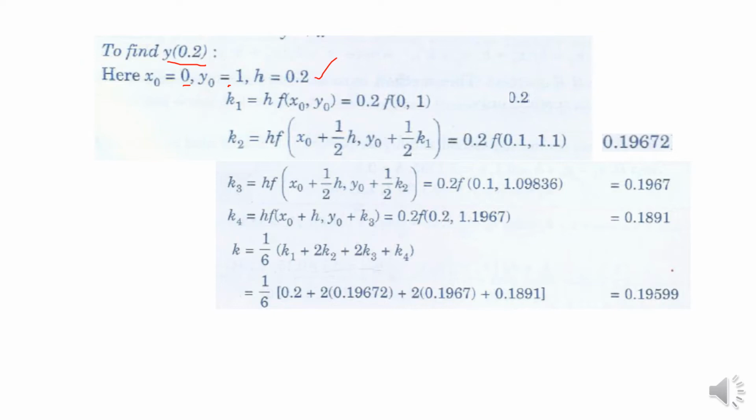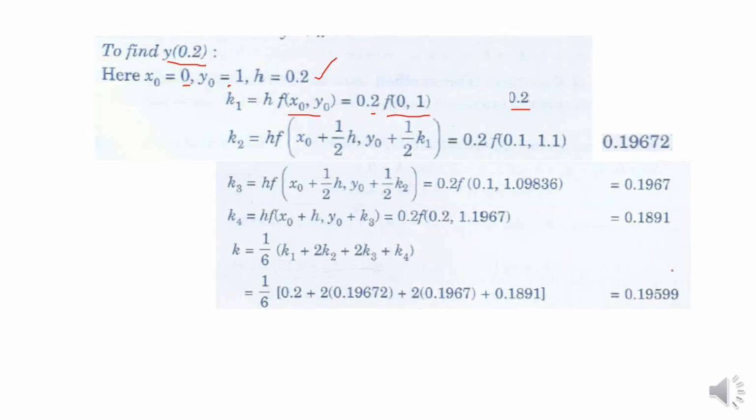x0 is 0 and y0 is 1. We will put this in the equation, because dy upon dx is equal to f(x,y), and f(x,y) means we have to put 0 in place of x0, wherever x is there we will put 0, and wherever y is there we will put 1, so that becomes f(0,1), and calculate that, multiply it by 0.2, you will get 0.2.